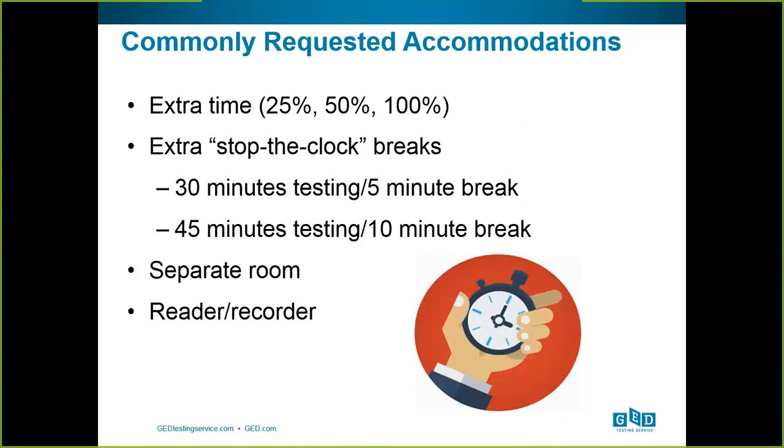Now, it depends again for those what the condition is that your candidate has. If they have IBS, they might need 30 minutes of testing and a 5-minute break to run out quickly. But generally speaking, I would recommend 45 minutes of testing if it's just for general extra breaks, with the 10-minute break, because 5 minutes is not very long.